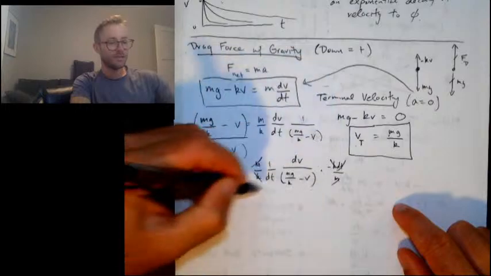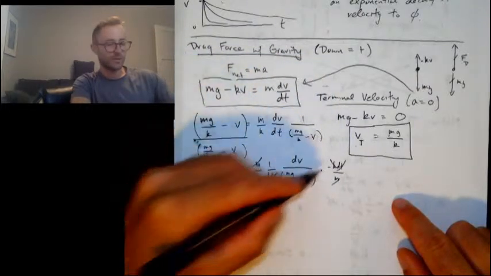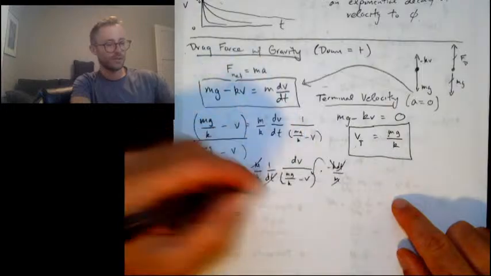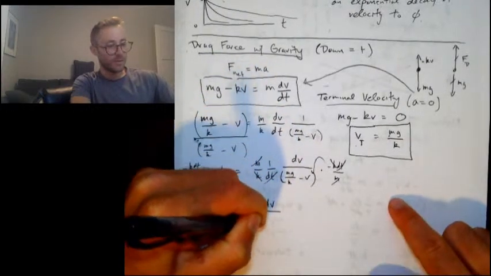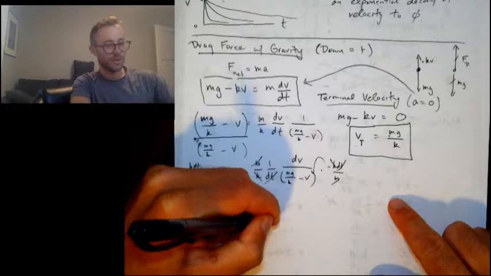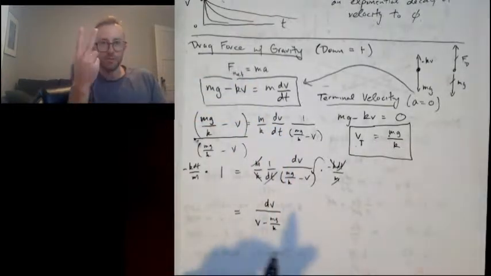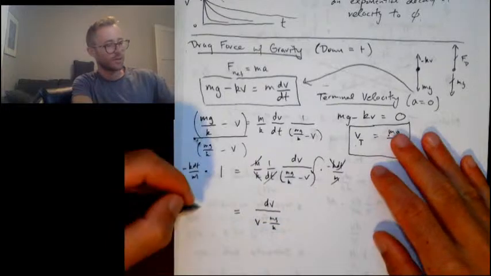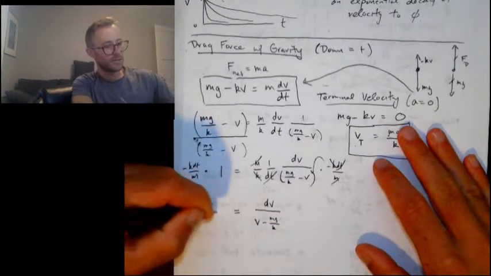The dt cancels out with that dt. And all I have to do is worry about that minus sign, which I will multiply into here. So on the right-hand side, I have dv over v minus mg over k. So that minus sign reversed the order of the two terms. And then on the left-hand side, I have minus k dt over m.